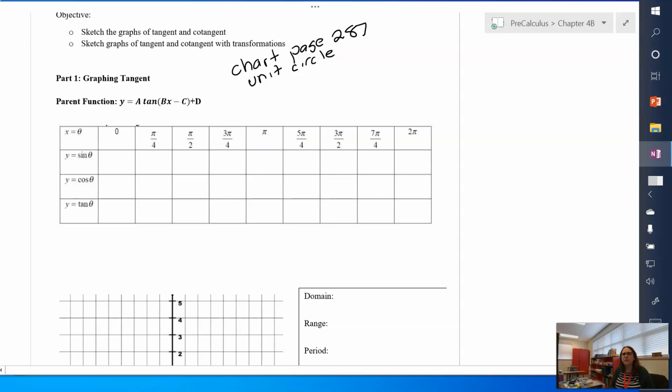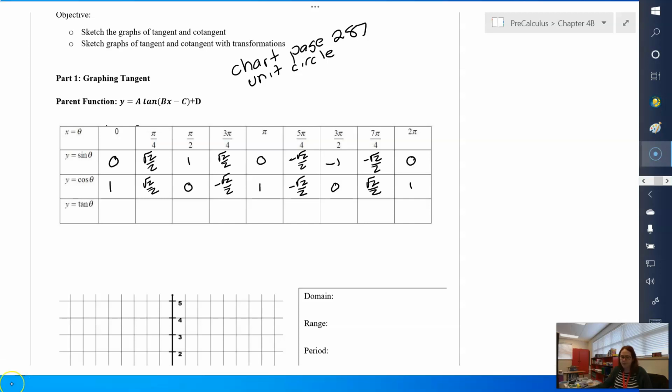And I do encourage you to memorize these points because you will have to know them. So I have filled in our chart for the sine and the cosine. And then please recall that tangent is your sine theta over cosine theta.